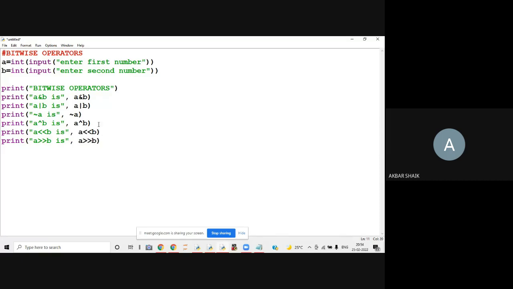So here, before A and B, maybe I can take some other numbers. Directly I can take some numbers, C equals some 8, D equals some 1. Here I can use the same terminology, C and D, and here also C and D, so that you don't have any confusion.